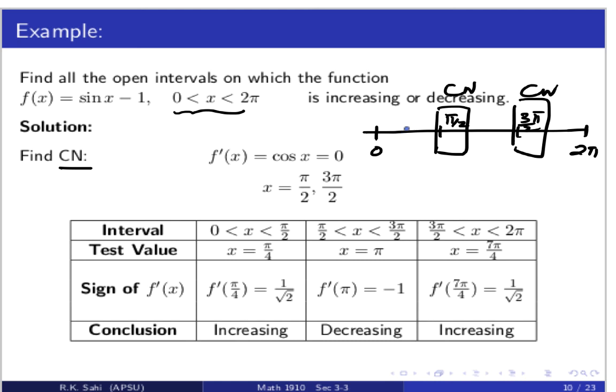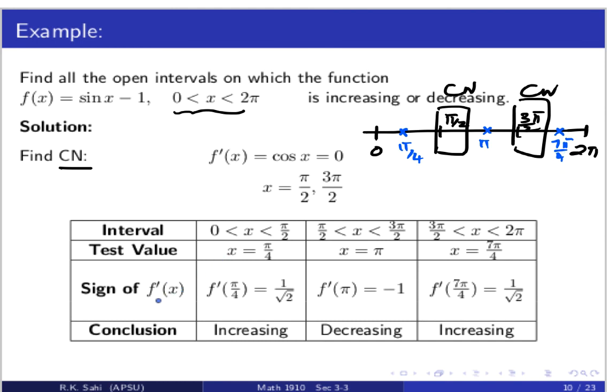Now remember what we have been using is a little cross. So pi fourths, pi, and this is 7 pi fourths. Okay, then what we do?